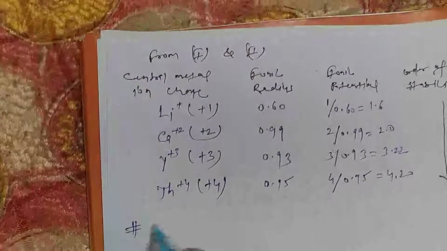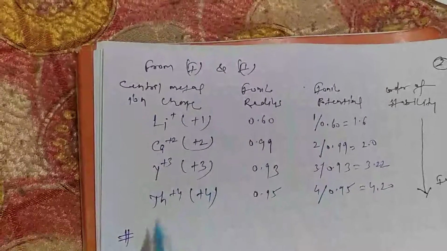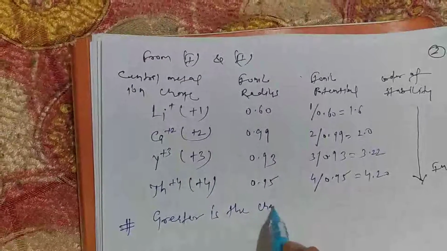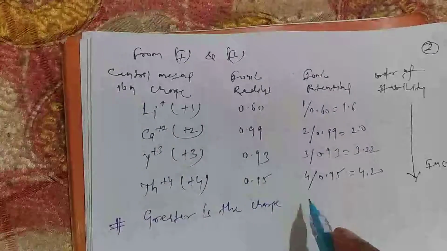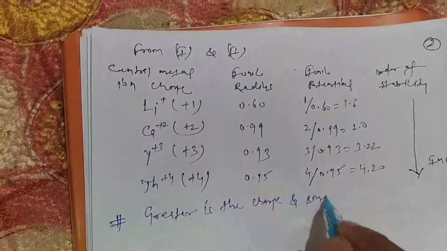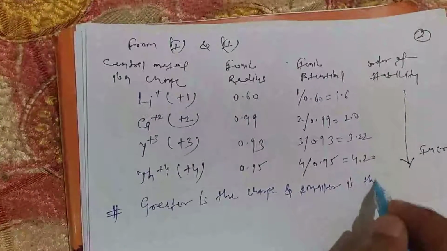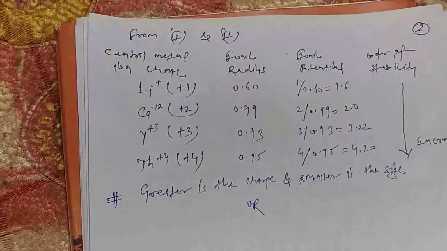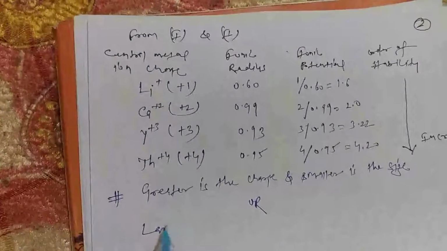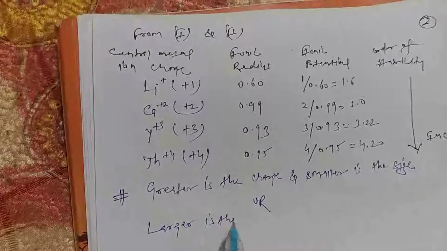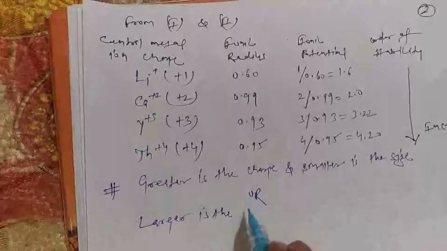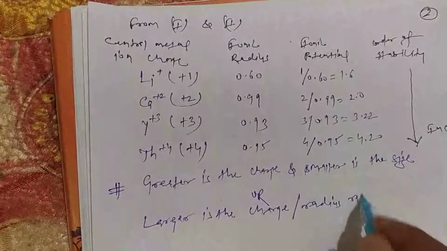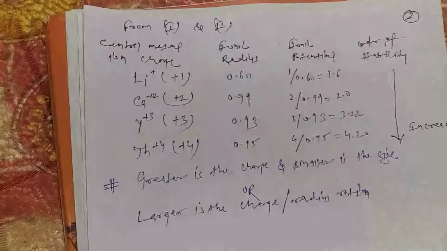So greater is the charge and smaller is the size, or larger is the charge radius ratio, higher will be the stability.